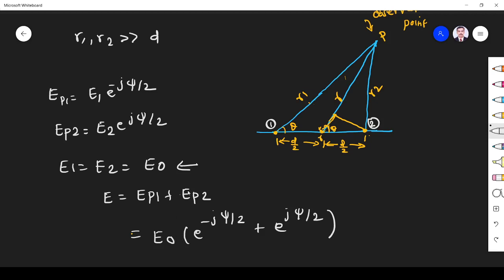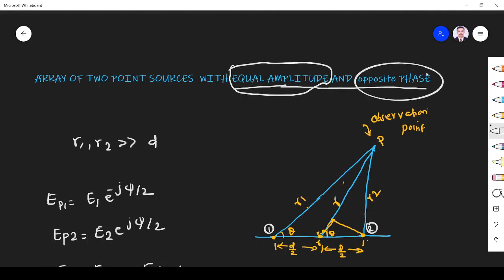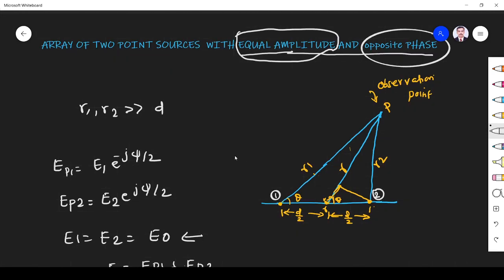Here both the antennas are fed with equal amplitude, but the phase is opposite. So the phase of one source must be opposite to the phase of the other source. So what I am doing here is I change this into a minus symbol. Why? Then only it indicates opposite phase. Compared to this phase, this is opposite.